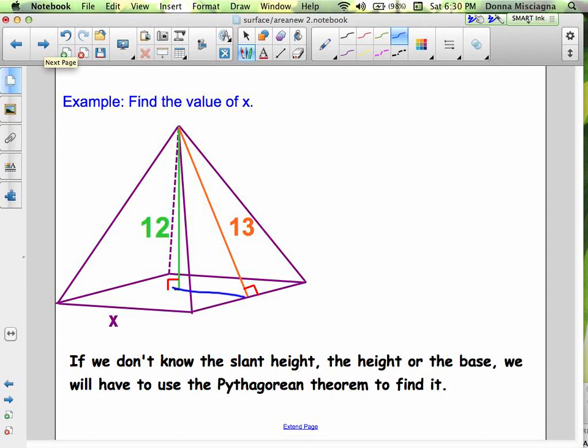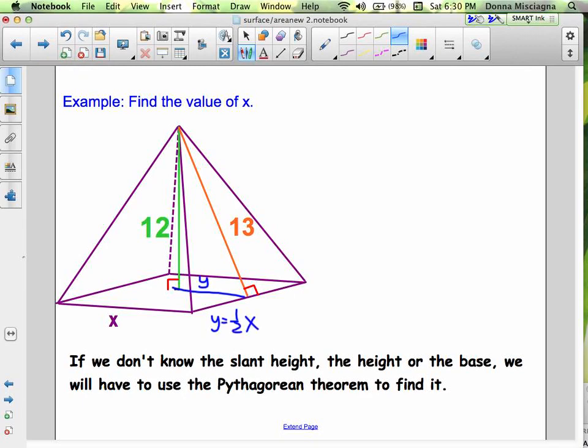So this blue side here is half of x. We're looking for x because we don't really care that much about the distance from the center to the edge, except we need that to find the length of the whole side. I don't want to put a half of x in there because I don't want a half. Let's just call it y, okay? But we know that y equals 1/2 x.